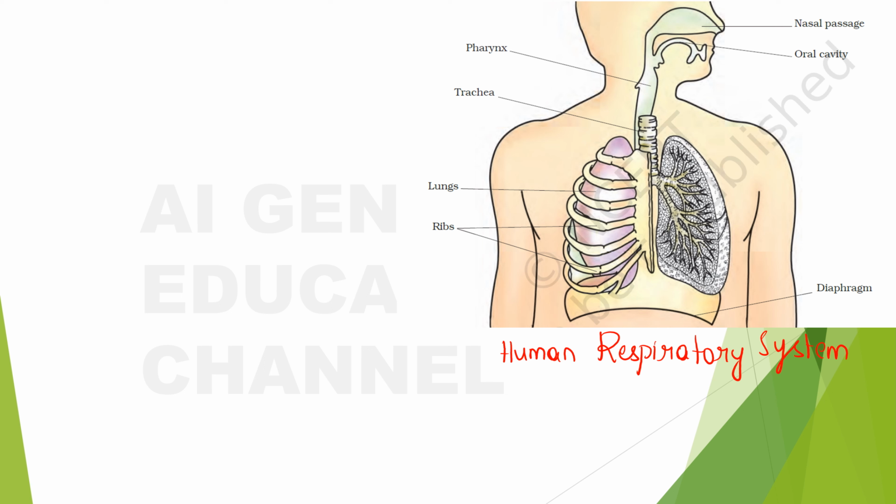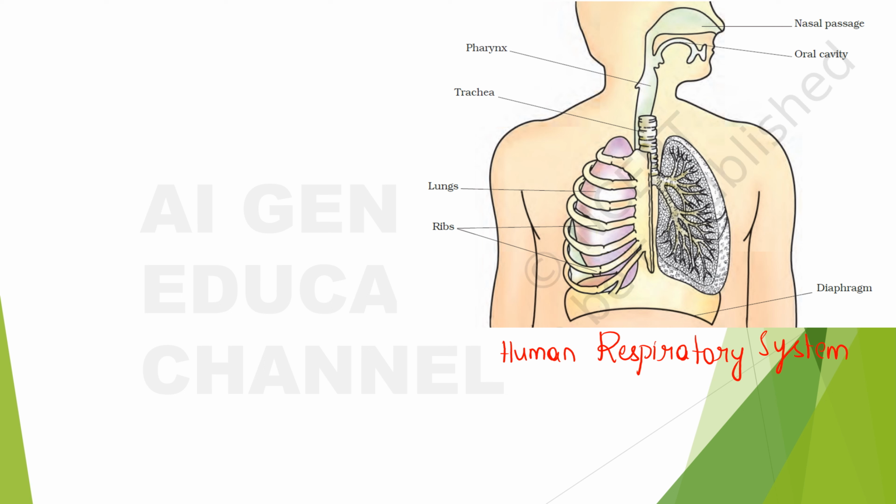Now we shall look into the human respiratory system, but in this video I'll just introduce you to this concept, and I'll continue further in the next video, as we are already nearing 20 minutes and I don't think you will be able to receive everything in this video, okay?